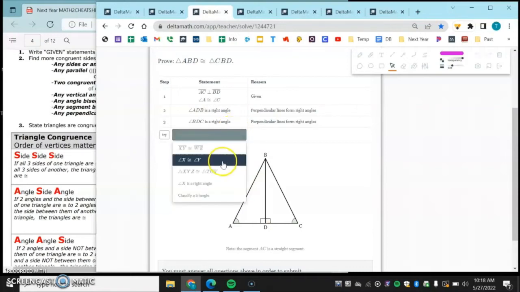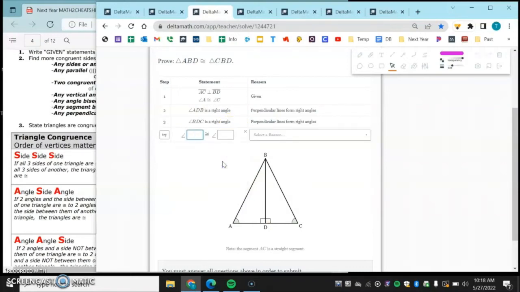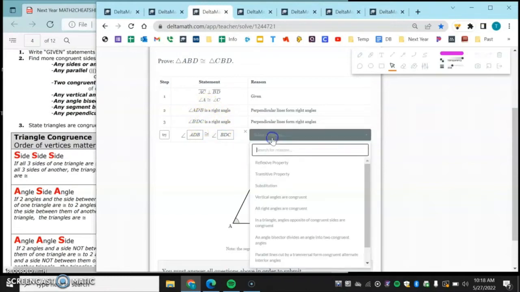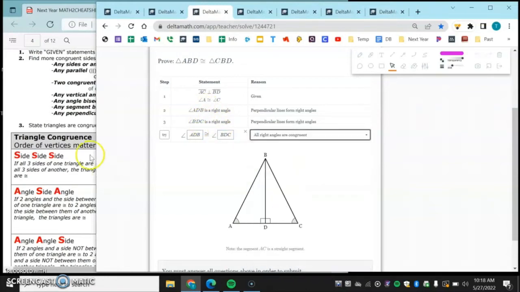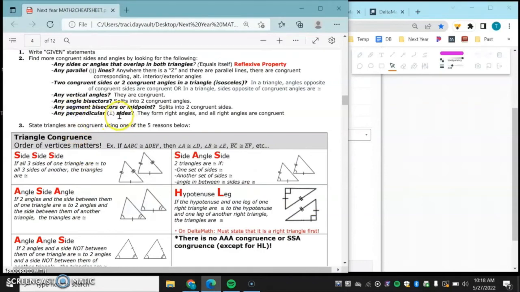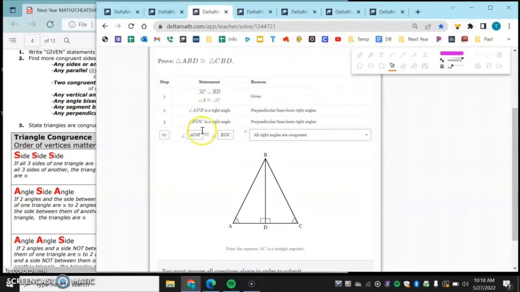So we are going to state two angles are congruent, ADB and BDC. These two angles are equal to each other because all right angles are congruent. So anytime there's perpendicular sides, you can say that you have right angles and that all right angles are congruent.